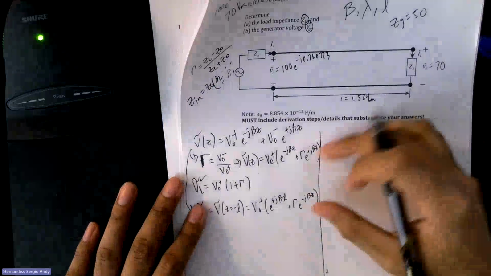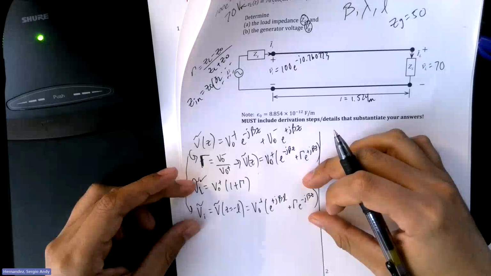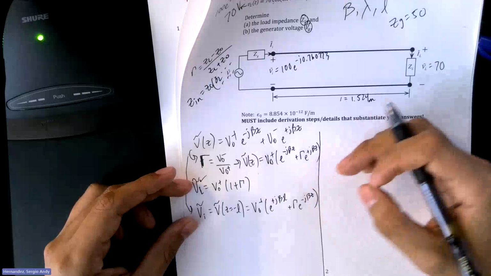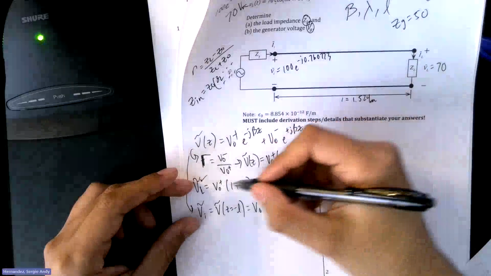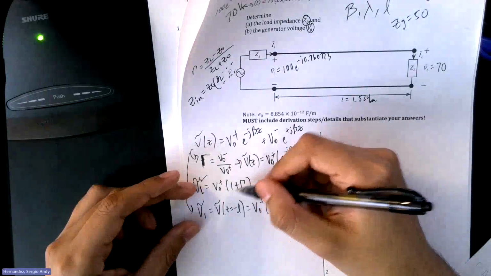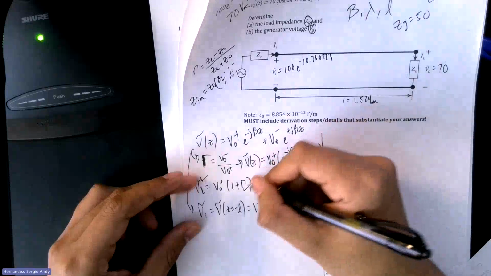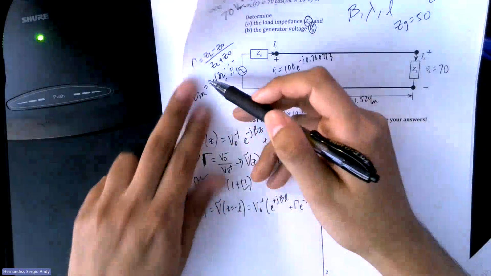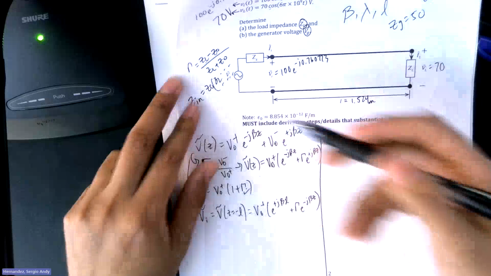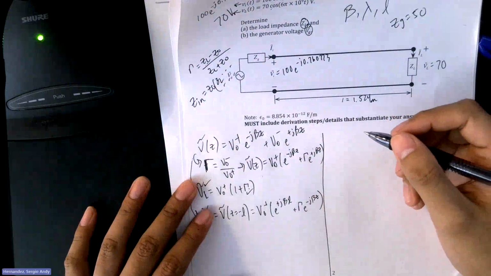So looking at the information he gave us, which are the two voltages, we can find out immediately that we have two equations and two unknowns. So we're going to do a system of equations to get this gamma part. And with this gamma, we're going to be able to find our load impedance, for V naught plus.